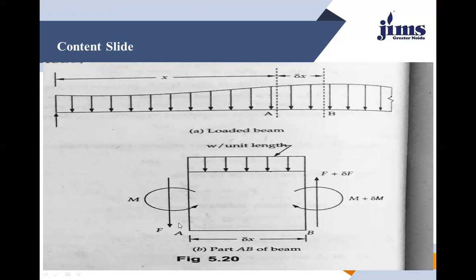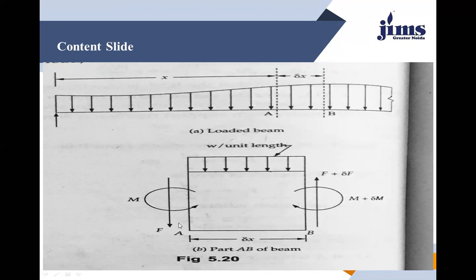It depends on the type of loading. In a similar way, M plus delta M at point B, and delta M is also positive or negative, depending on the type of loading.